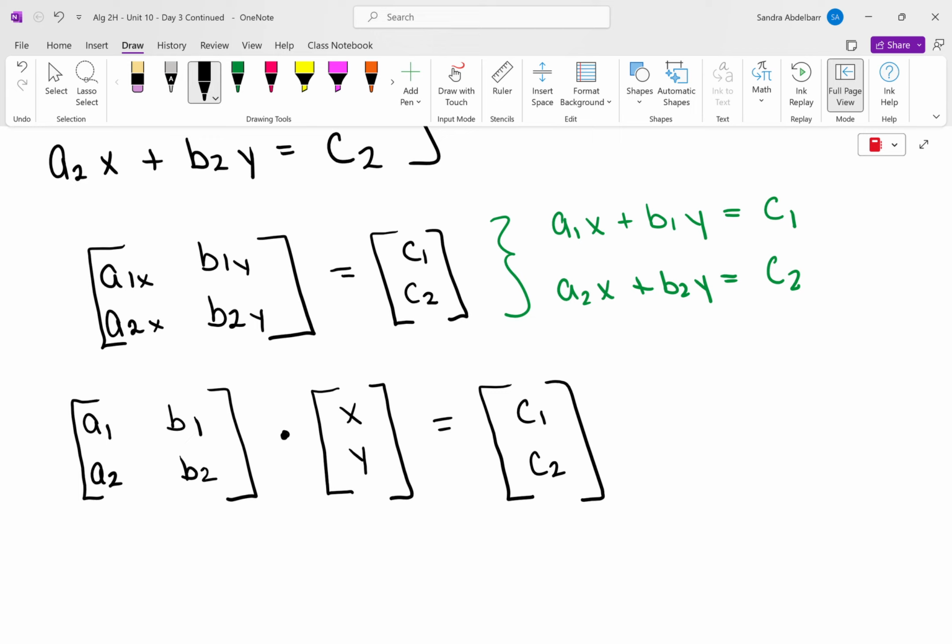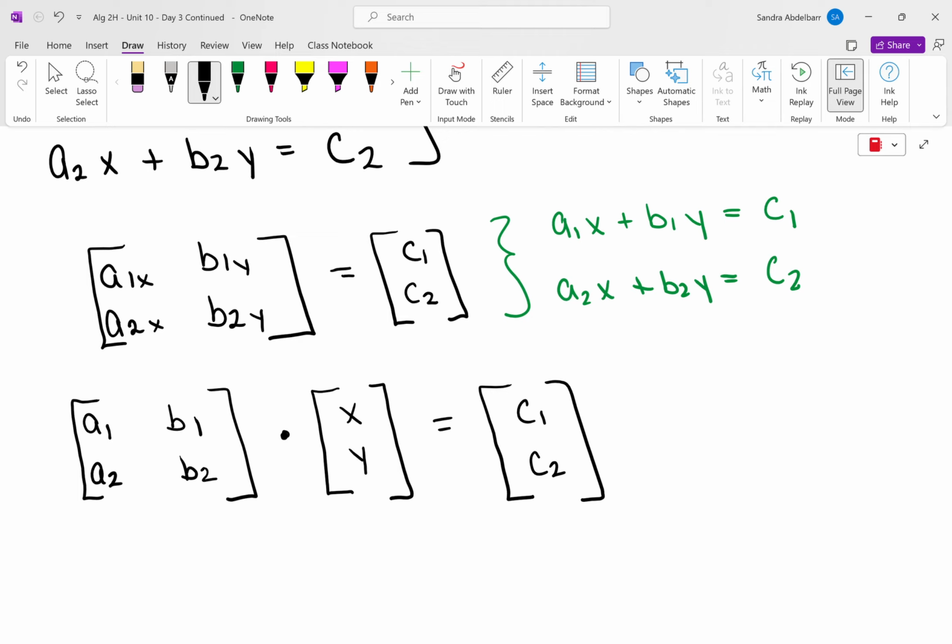Now think of this as an equation, right? If I know my coefficient matrix, aren't those all real numbers? My coefficients are all real numbers, generally speaking. And then this is my variable matrix. Isn't this what I want to solve for, my variable matrix? And then this is my solution matrix, which is generally also all real numbers.